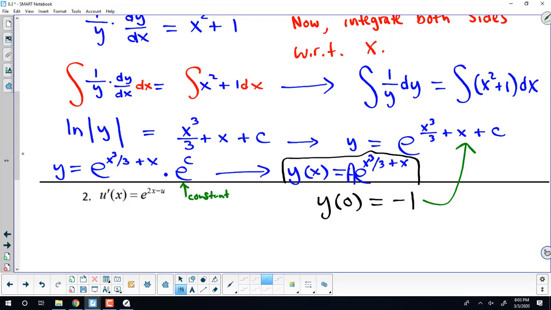That's probably where you've seen it, a constant times an exponential. I don't know specifically, but maybe it was somewhere else. I'm not sure.